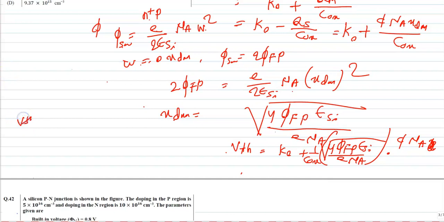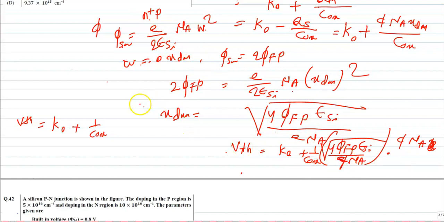So your VT equals VTH equals K naught plus 1 upon COX, and E or Q is the same. Here I have used E as the electronic charge, they have also used Q as the electronic charge in the question, so you can either change it from here, or ultimately you will know it.